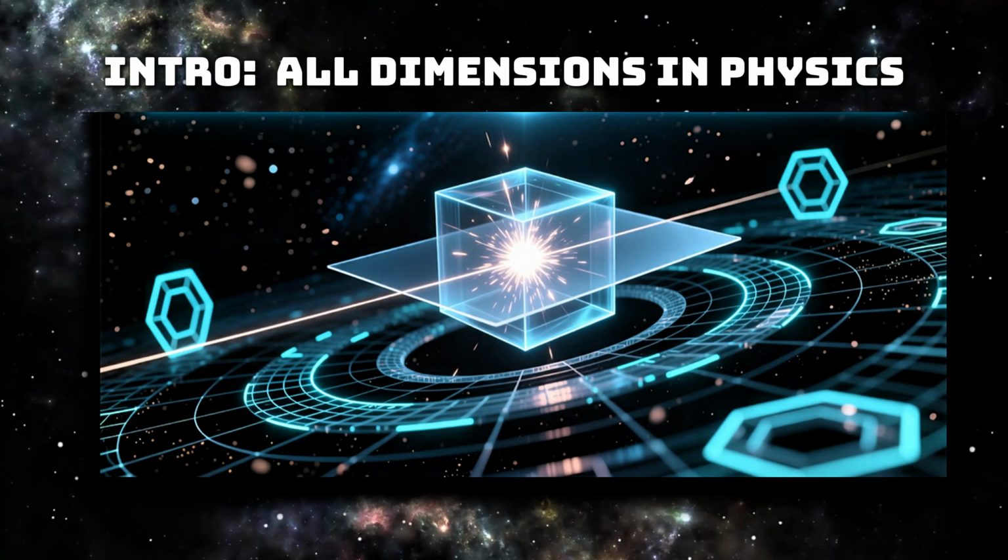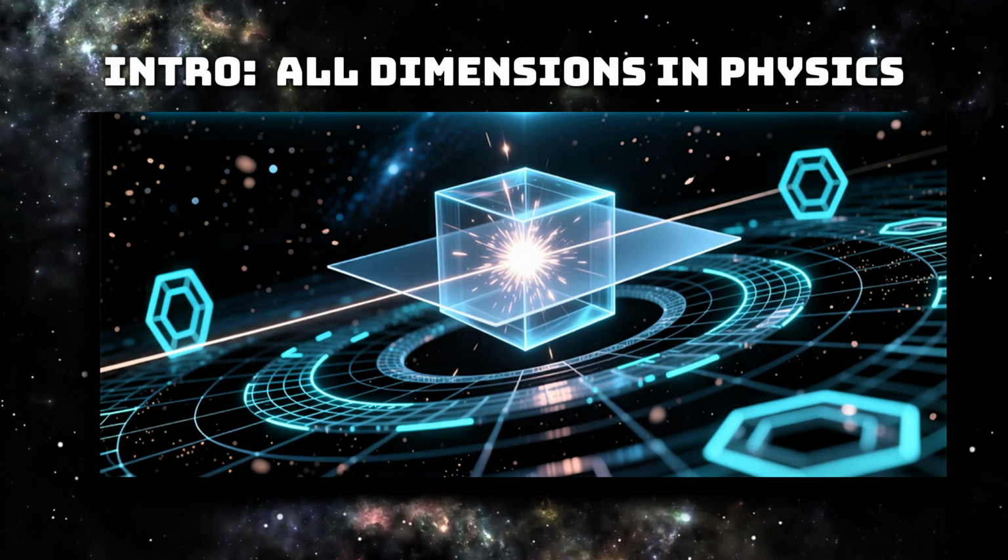Now, expand this world slightly. Picture an ant moving freely across the surface of a sheet of paper. Suddenly, the ant is no longer limited to a single line. It can walk forward, backward, left, or right. It can trace circles, squares, curves. Its movement requires two coordinates to describe any point.